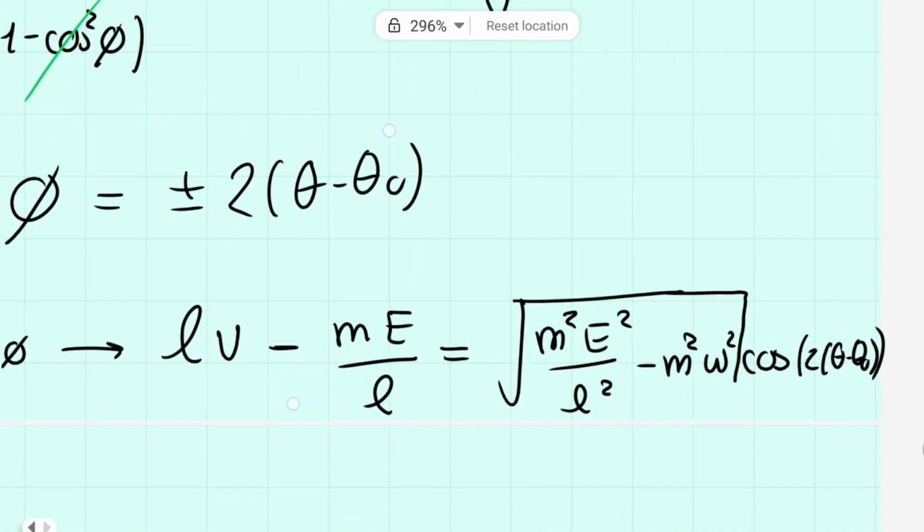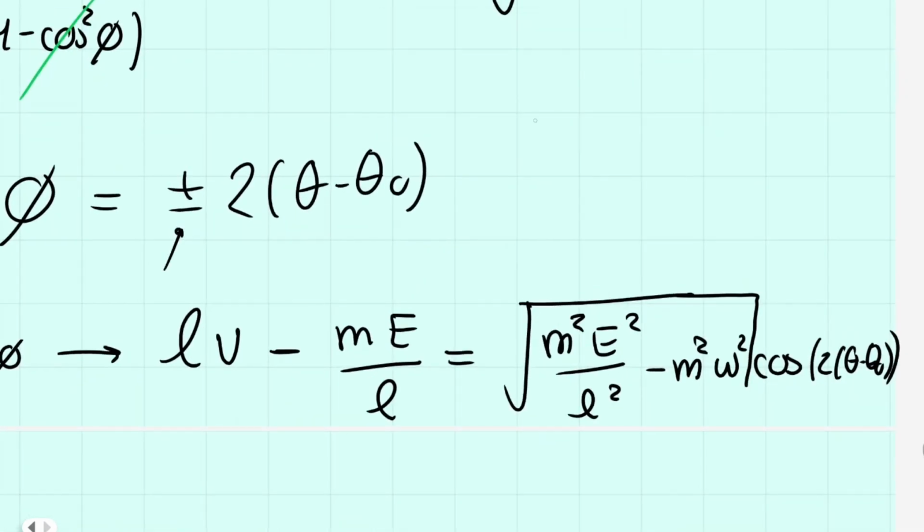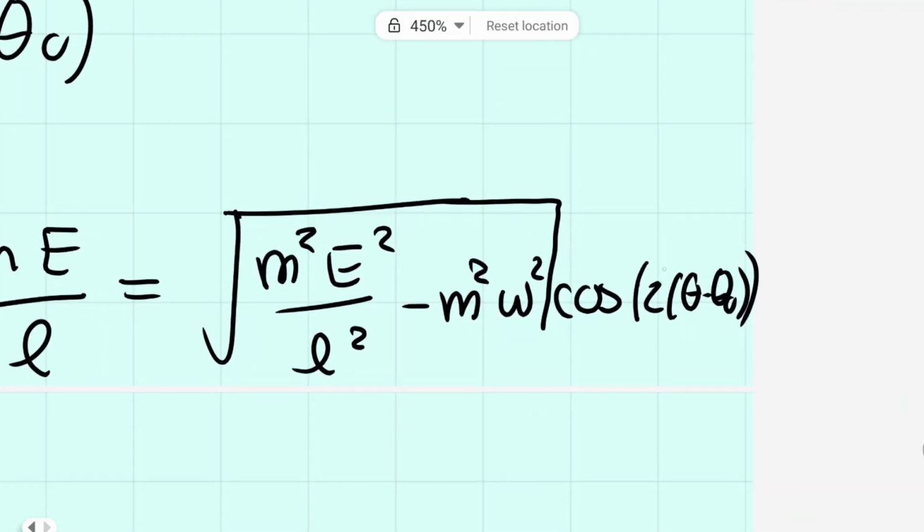Remember that if we take the negative and plug it into a cosine, cosine of negative x is equal to cosine of x, so this sign will disappear. That's why I didn't put the plus minus here.